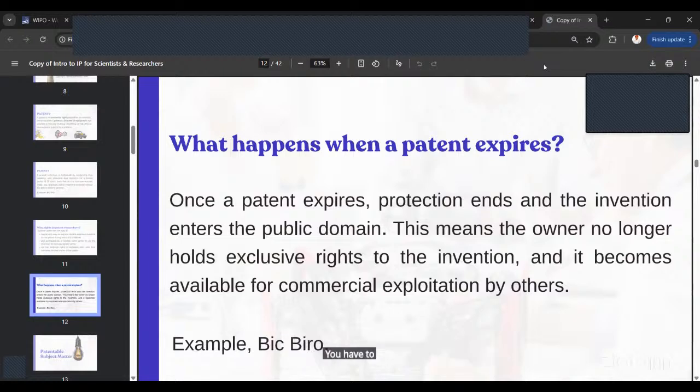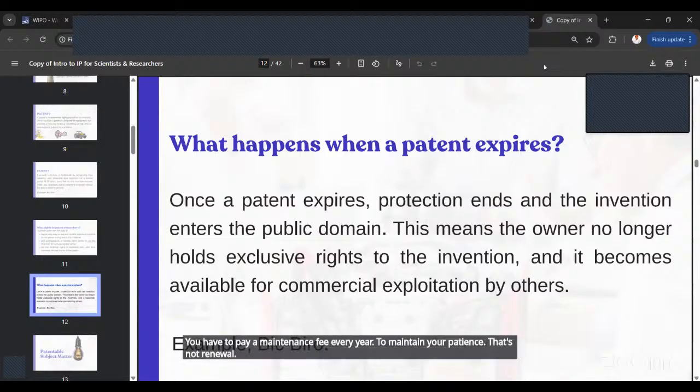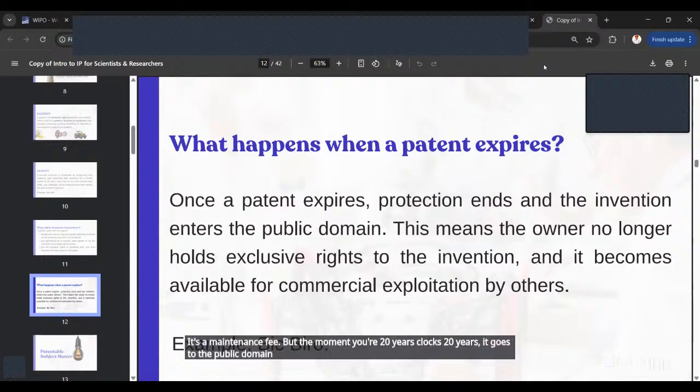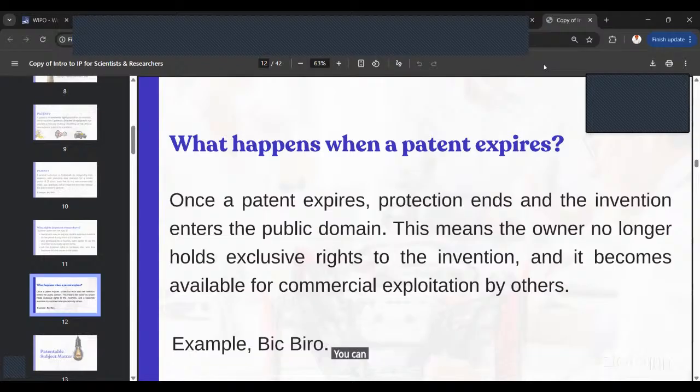You have to pay a maintenance fee every year to maintain your patent. That's not renewal, it's a maintenance fee. But the moment your 20 years clocks, it goes to the public domain. You can't do anything about it. You can only rework it, upgrade it, and file another patent application. Does that answer your question? Yes, ma'am. Thank you so much. That answers the question.